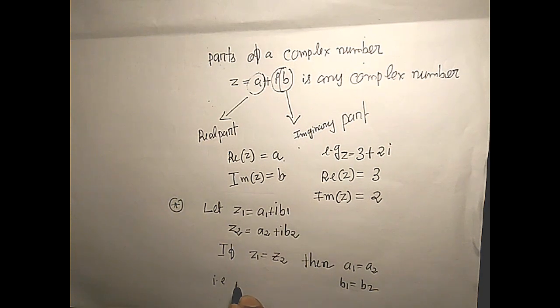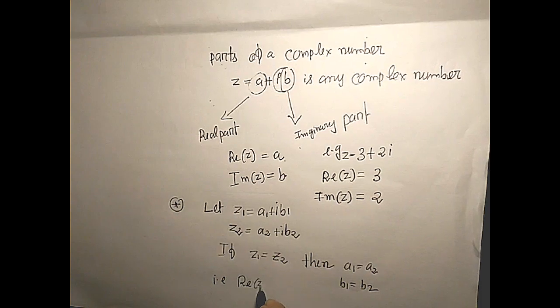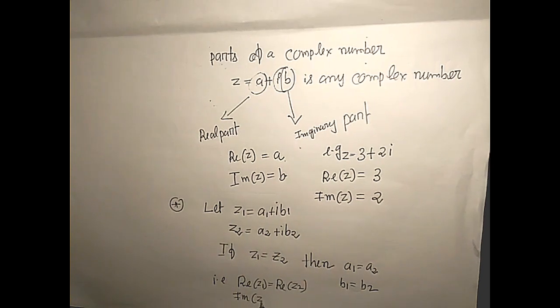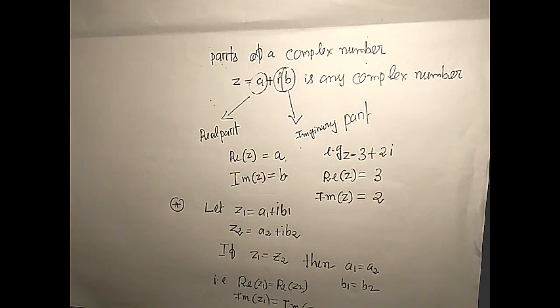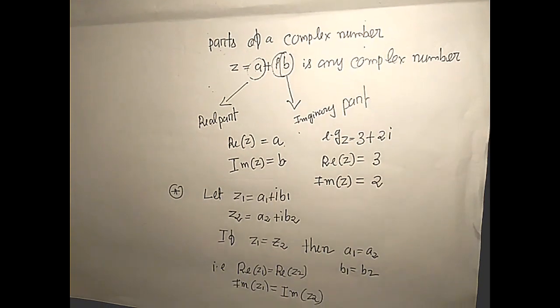It means the real part of z1 should equal the real part of z2, and the imaginary part of z1 should equal the imaginary part of z2.